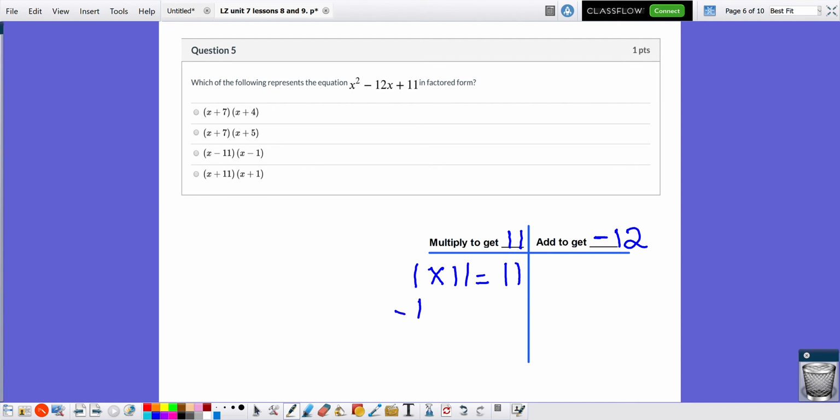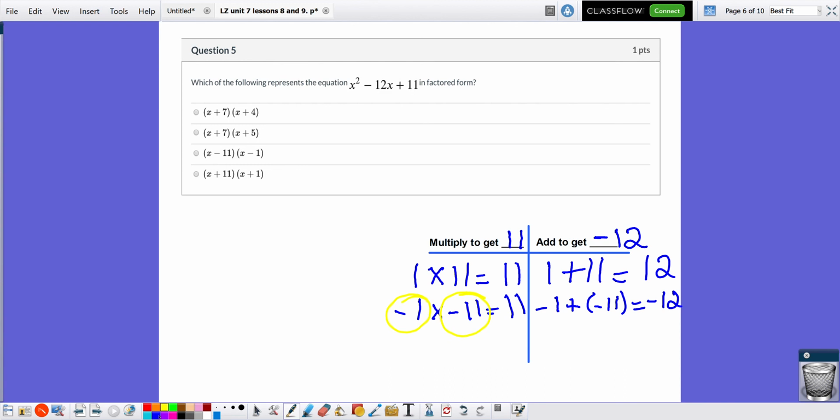I also can get positive 11 with negative 1 times negative 11. So when I look on this side, I need these two factors to add and give me negative 12. The first one, 1 plus 11, will give me positive 12, but I need negative 12. So when I add negative 1 plus negative 11, that will give me negative 12. So the factors that I need are negative 1 and negative 11.